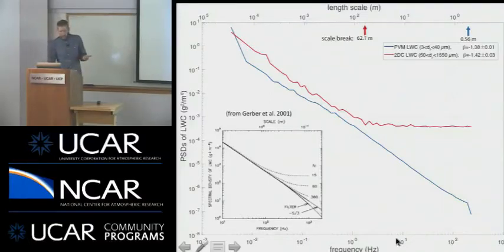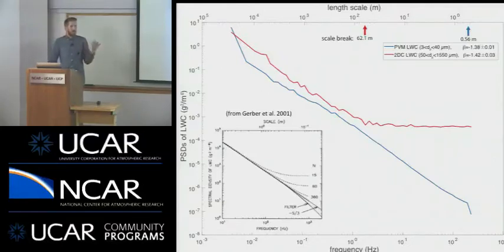What this figure from Gerber 2001 shows is that as the drop number concentration is decreased, we basically end up seeing a flattening to a flat slope, which is just white noise. So again, this is essentially a statistical issue as opposed to a physical issue. All it means is that the instrument doesn't see a high enough density of drops for us to be able to get information about what's happening in these smaller sizes here.